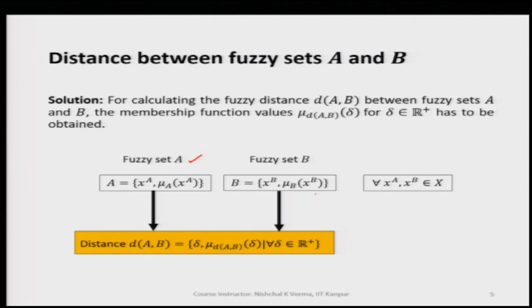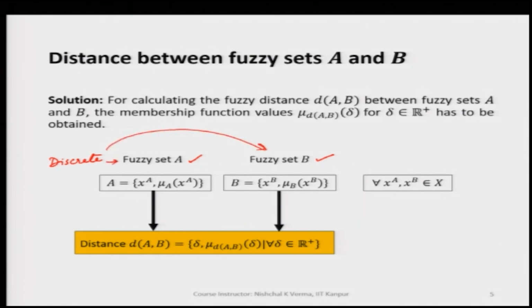Similarly, if we apply the same logic, we represent here the fuzzy set B, and both these fuzzy sets are discrete fuzzy sets, which is very clearly visible.